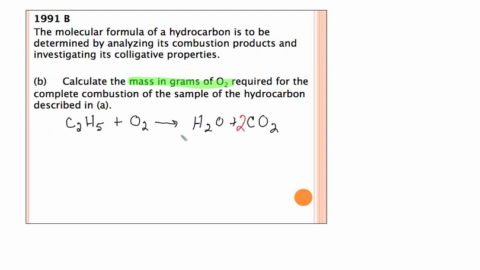I need a 2 here because I have 2 carbons. But look, I've got 5 hydrogens. So I've got an even odd issue, which means you have to backtrack and you have to multiply by 2 there to get this to be an even number, because multiplying by 2 always gets an even number. So let's try again. Now I have 4 CO2s and I have 10 hydrogens, so I would need a 5 here, and that then gives me 8 plus 5, which is equal to 13 oxygens.